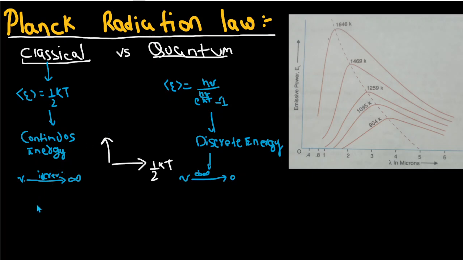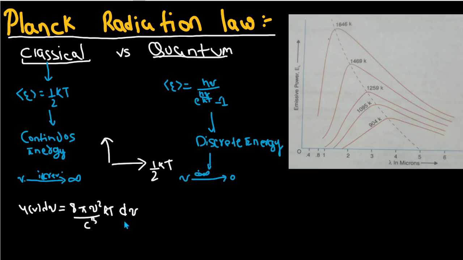How? If I write down the formula of the Rayleigh-Jeans law, the energy density in a given frequency range dμ is equal to 8πμ² divided by c³, times kT dμ.